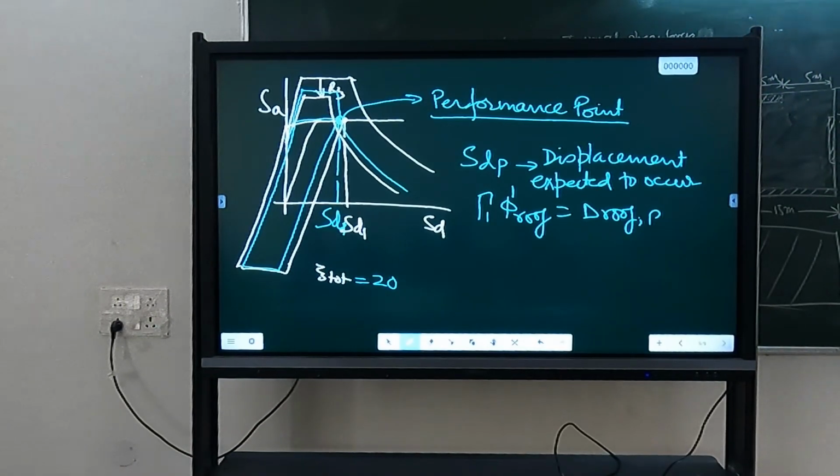Sir, we reduce the demand corresponding to the cycle we have taken, but the capacity of the building also dissipates less energy because of that. Why and how is it possible?